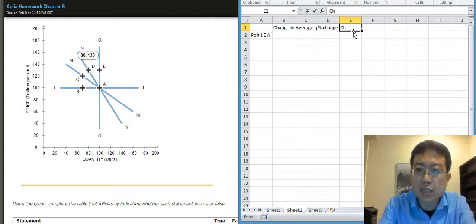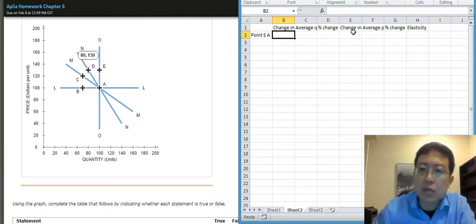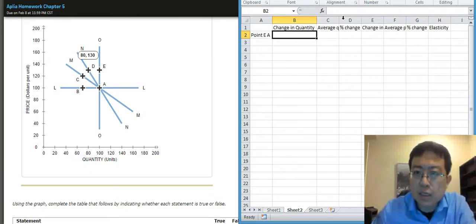The next one will be change in price, average price, percentage change in price. The last one will be our elasticity. So let's make it a little wider.